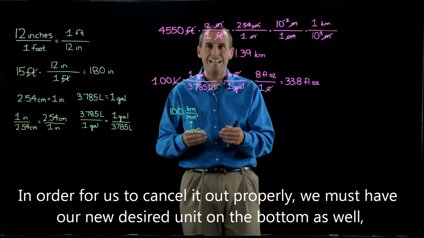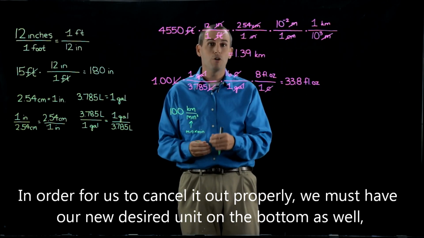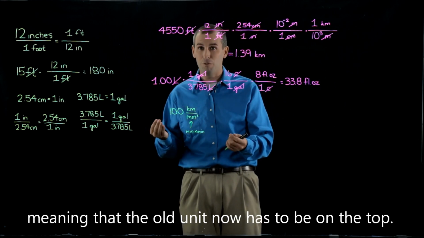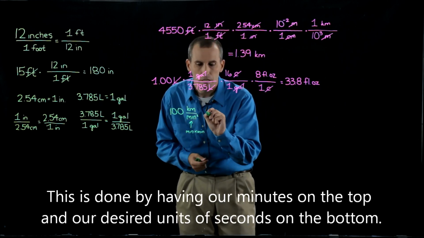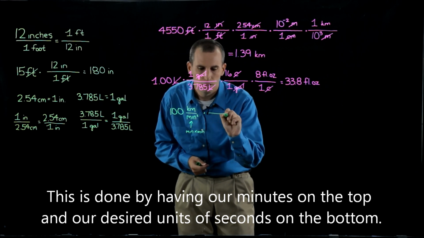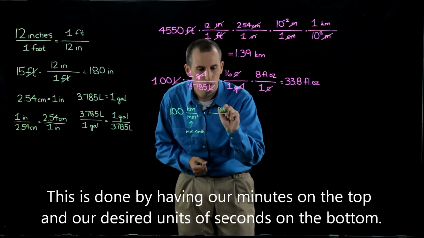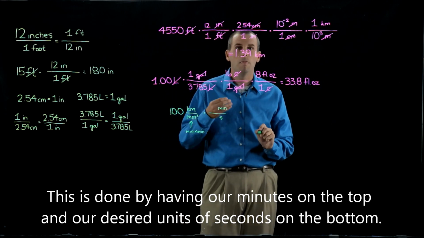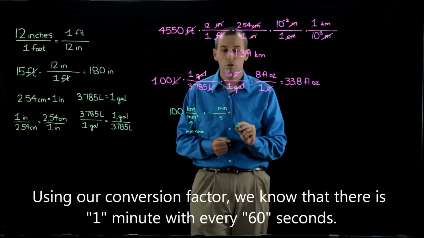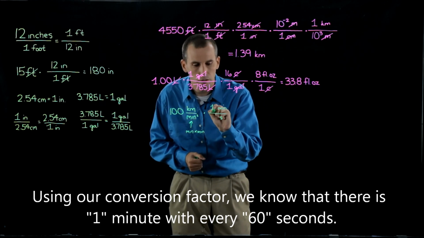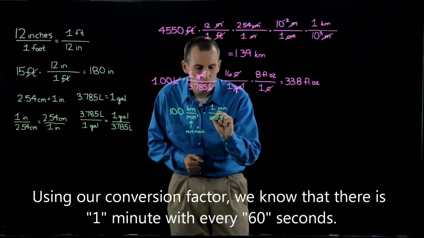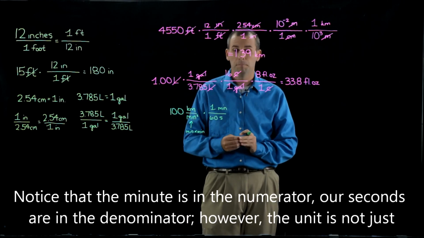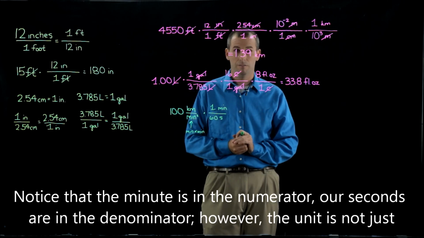In order for us to cancel it out properly, we must have our new desired unit on the bottom as well, meaning that the old unit now has to be on the top. This is done by having our minutes on the top and our desired unit of seconds on the bottom. Using our conversion factor, we know that there is 1 minute with every 60 seconds. Notice that the minute is in the numerator, our seconds are in the denominator.